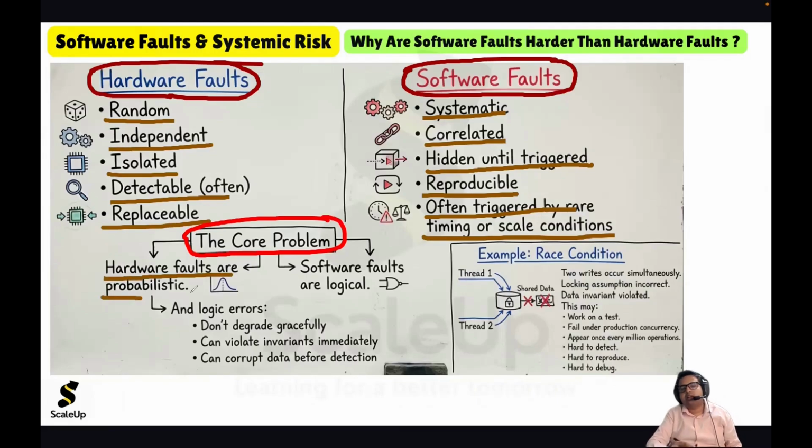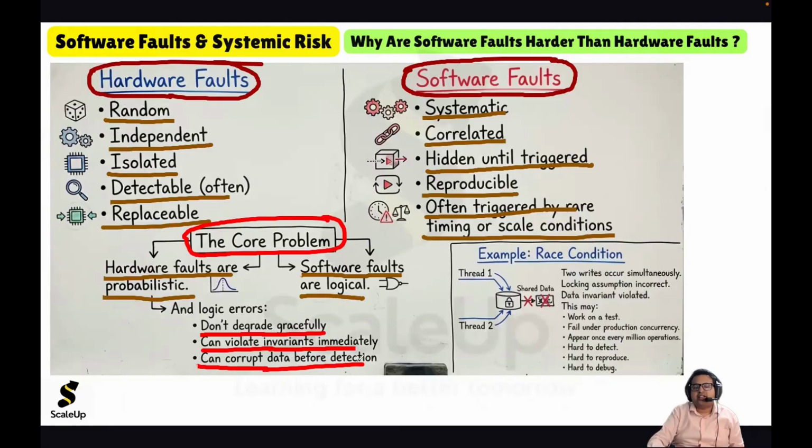All of a sudden, the database might stop working because of some hardware fault, some power outage, or some other issue. But software faults are logical errors, and they don't degrade gracefully. They can violate invariants immediately, and they can corrupt data before detection.